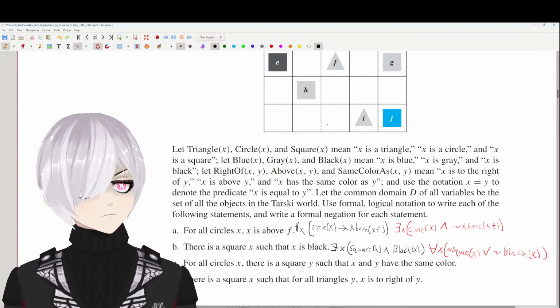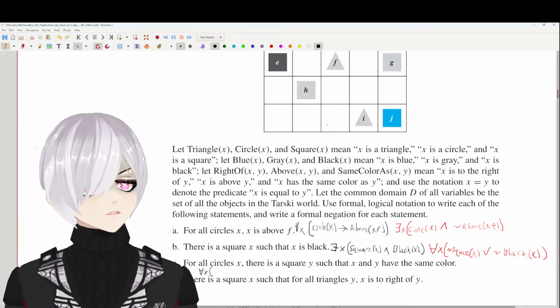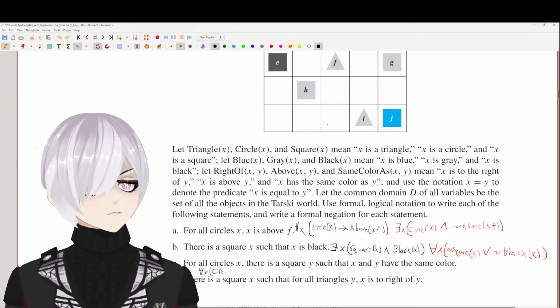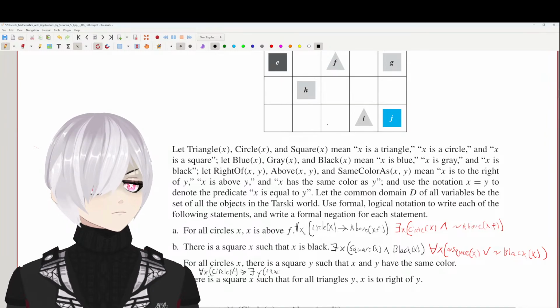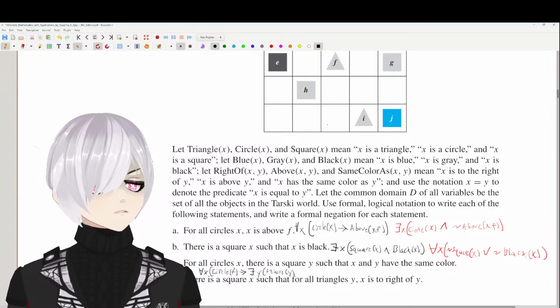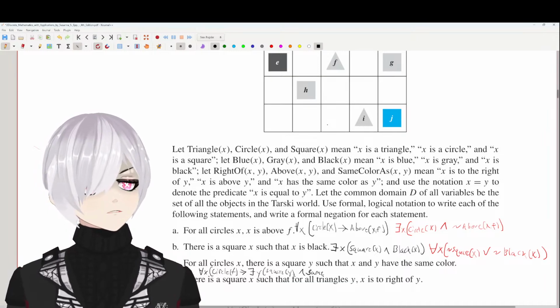So that's written as for all X, if X is a circle, then there exists a square Y and that Y has the same color.